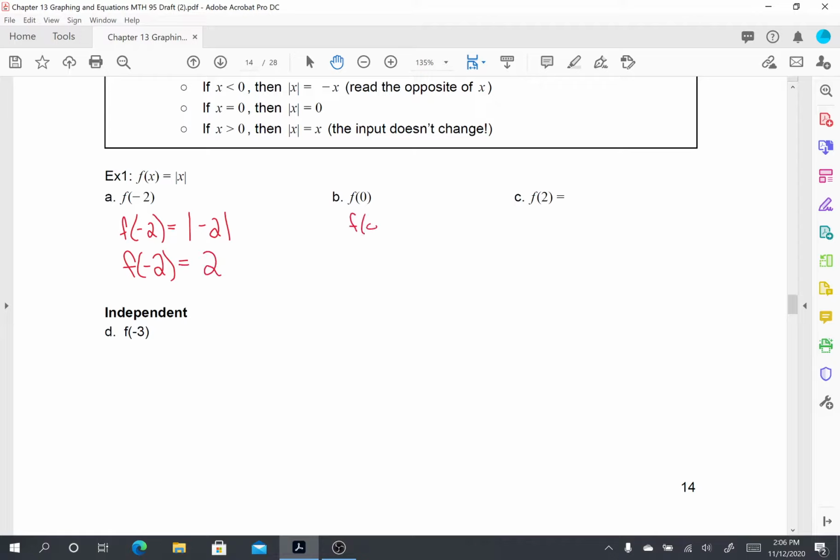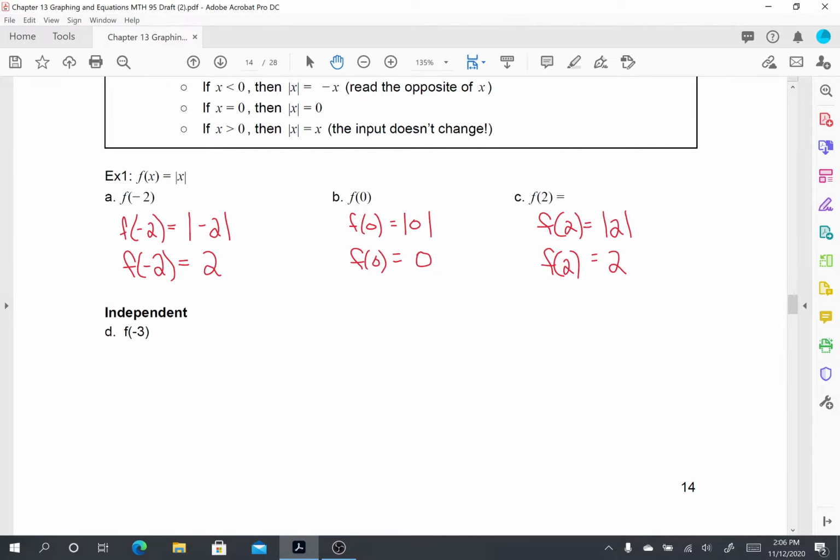F of 0 is the absolute value of 0. How far is 0 away from 0? Not very far at all. It's 0. Same for f of 2. How far is 2 away from 0? It is 2 away from 0. You're going to try the next one.